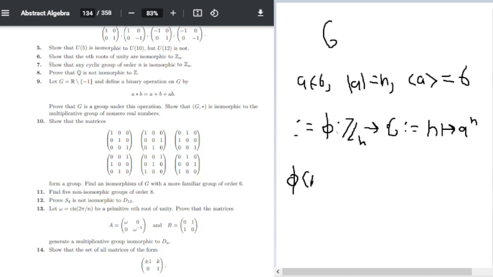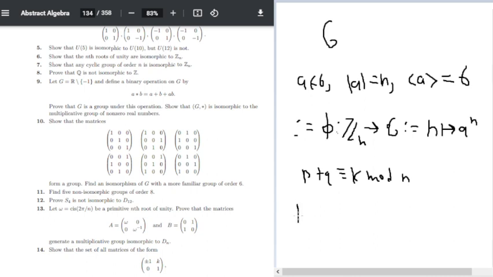So phi of m plus n. Suppose in this case that m plus n is congruent to k, or actually that's p, yeah, let's use p and q. p plus q is congruent to k mod n.